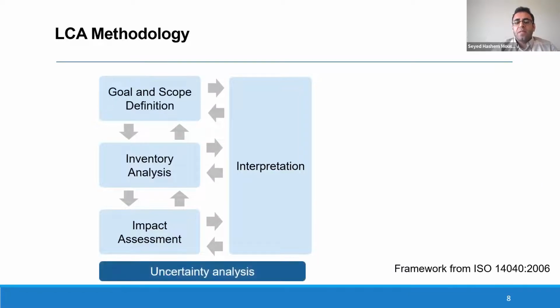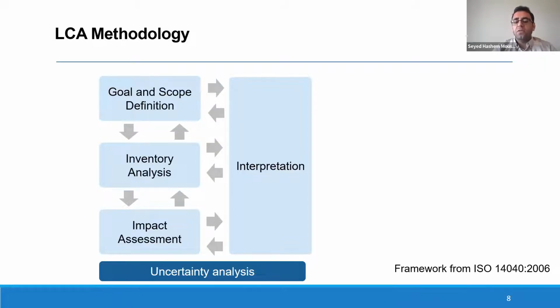For LCA, usually we collect the data from different sources. It can come from literature, from lab scale experiments, from process modeling, or from a large scale plant. Sometimes we don't have the actual data.